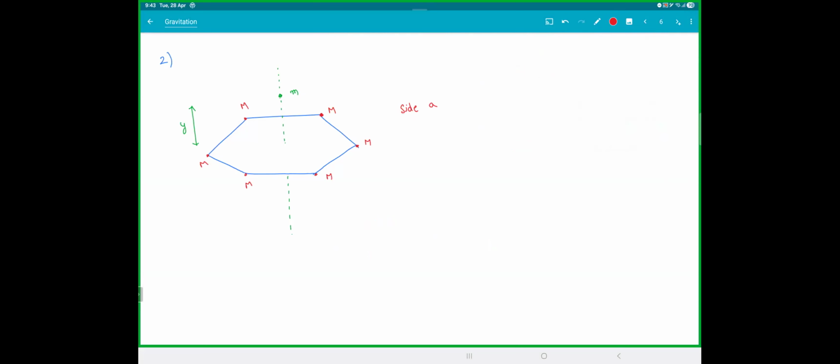So if I take due to this one, the force of attraction would be in this direction. Let this be F. This is theta. This was the angle, isn't it? So this was 90. Or maybe I can take the other one. Wait.